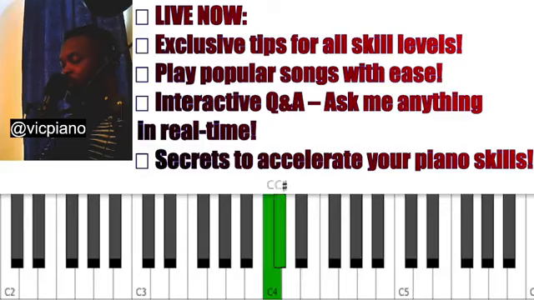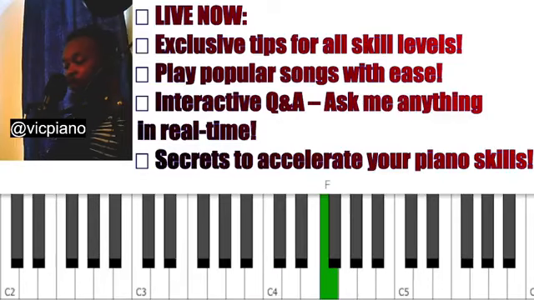So thumb, second, thumb. You see. So thumb, second. Let's go again. Thumb, second, third. You now use your third finger when you get to F sharp.